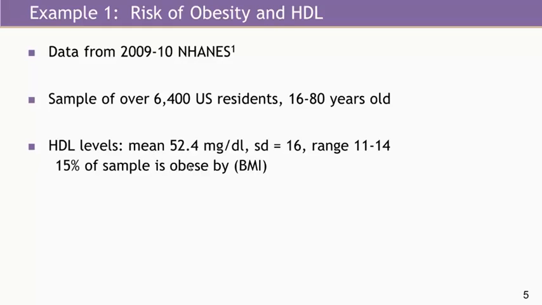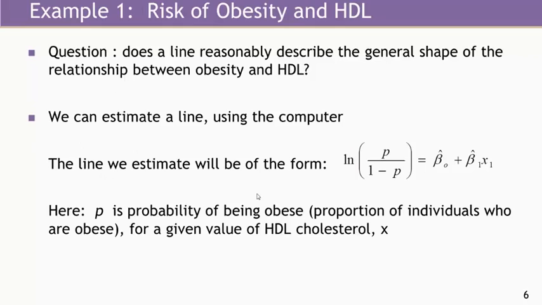The HDL levels in this sample average 52.4 milligrams per deciliter, but range from a very low 11 to 144, which is a very high value.